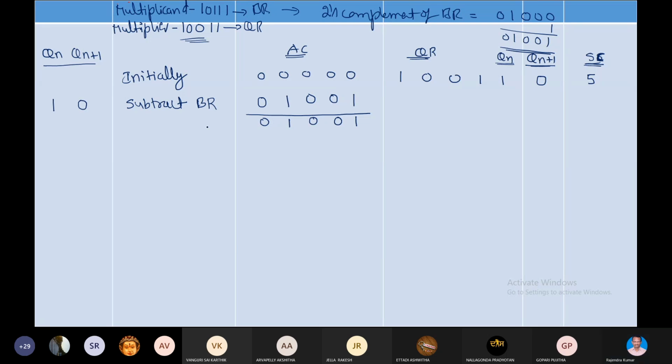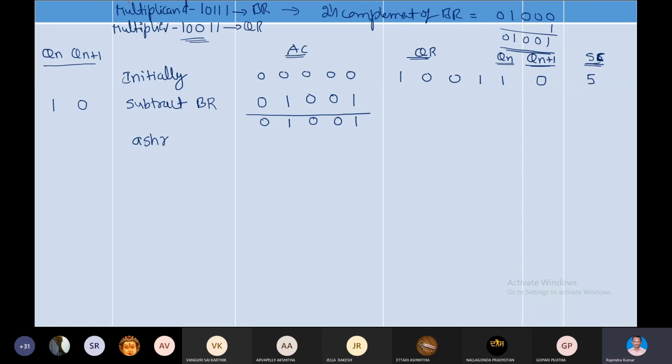Now what is the next one? Arithmetic shift right. See what arithmetic shift right means. The sign bit you keep as it is, and you have to shift the total magnitude to the right side. That is the meaning of arithmetic shift.